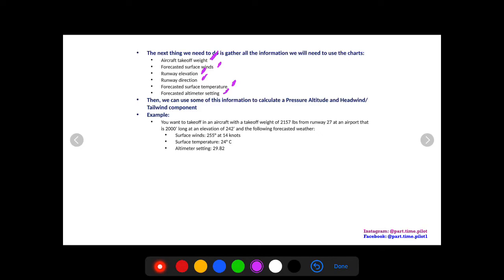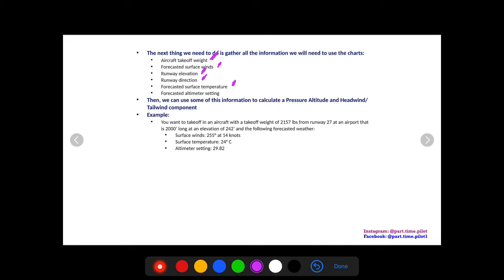Next, we use this information to calculate a pressure altitude and a headwind or tailwind. Okay, now with the pressure altitude, headwind or tailwind, aircraft weight, and temperature, we will have everything we need for the takeoff performance chart. So let's get into an example.